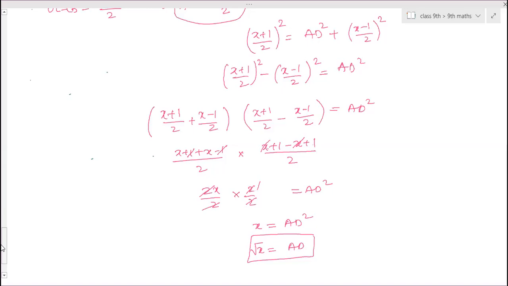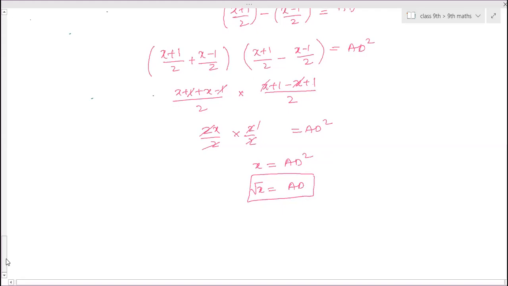So you practice these questions: 8.5, 7.6 square root, then 4.6 and 5.7. These questions you have to practice at home, the construction of these.